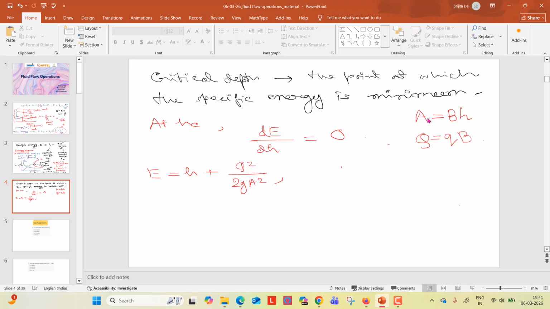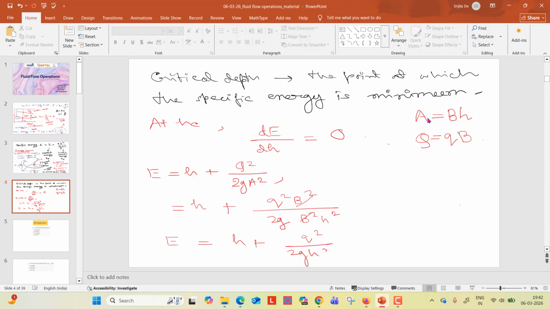And now we will put this value here. So what E will come, specific energy will come H plus q squared B square by 2G B square H square, right? So now B square will be cancelled out. So what is the expression of E? E is H plus q square by 2G H square.